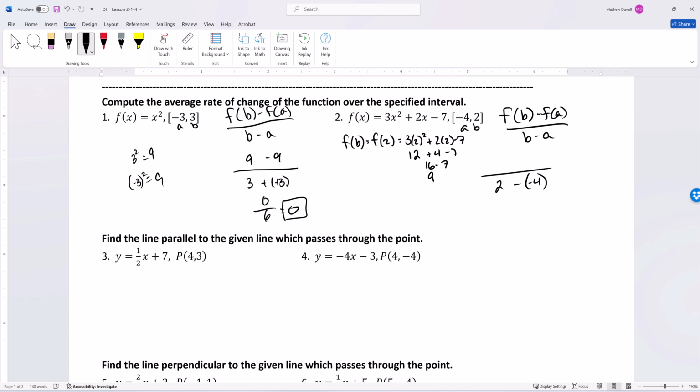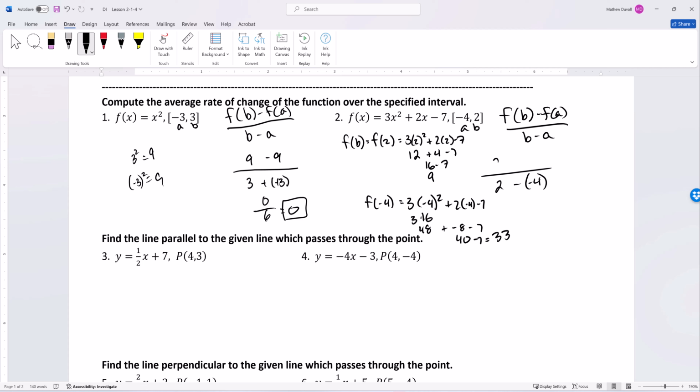And then we have f of negative 4. So that's going to be 3 times negative 4 squared plus 2 times negative 4 minus 7. 16 times 3, that's 48. Plus negative 8 minus 7. So that's going to be 40 minus 7, so that's 33.